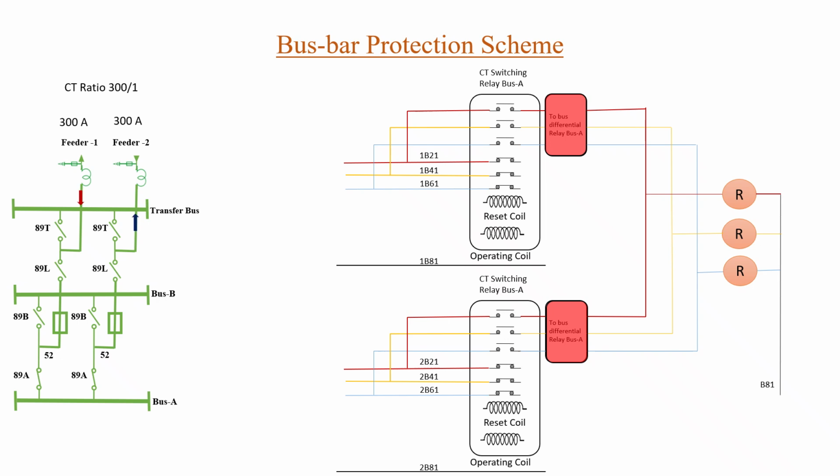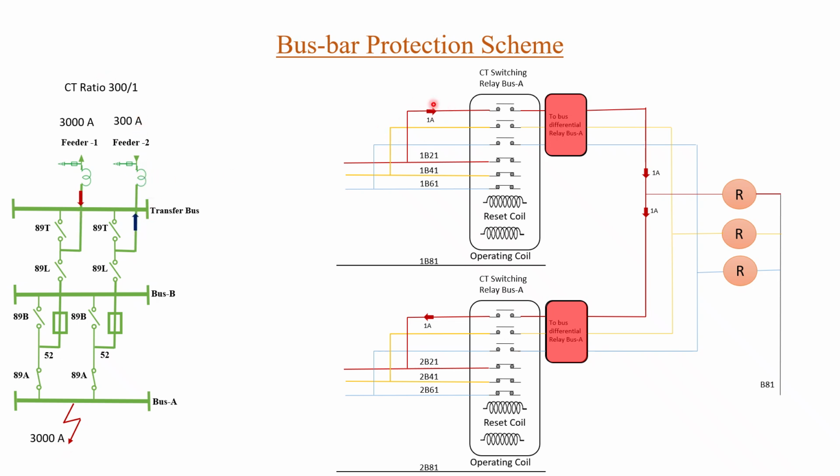Now when a fault occurs, for example of 3000 ampere on this particular bus, that fault will be fed by this incoming feeder. 3300 amperes will be flowing, of which 3000 will be fed to this fault and 300 amperes will be moving out of feeder 2.